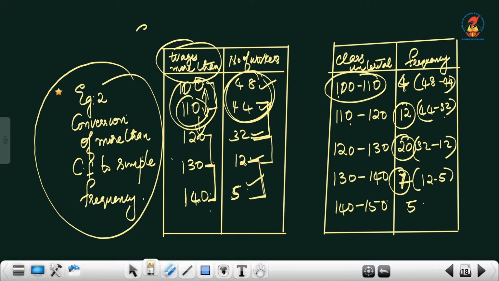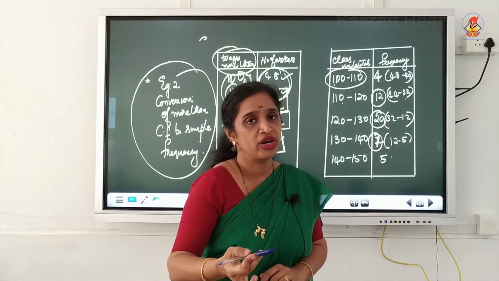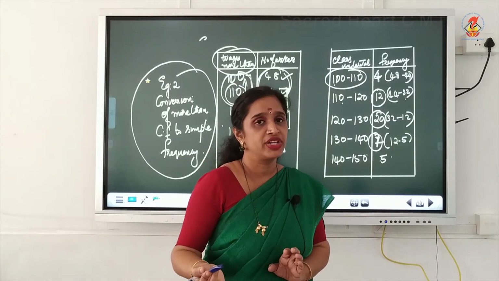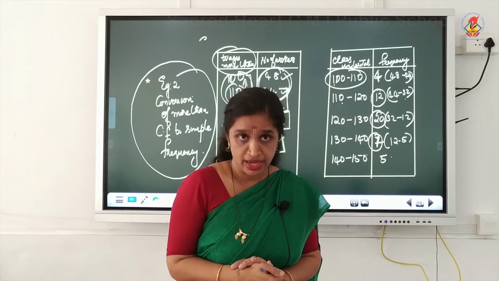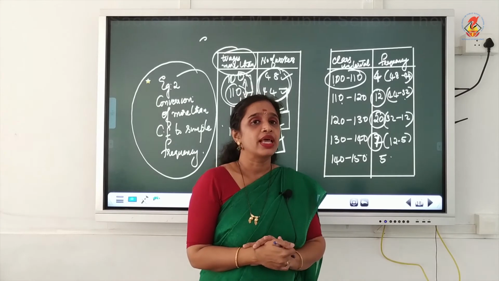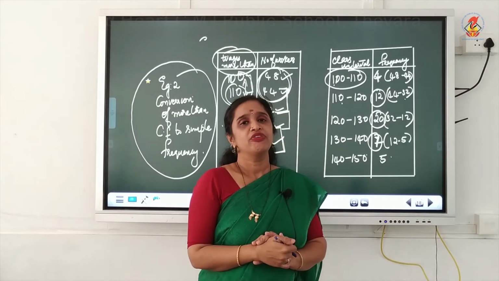Next comes more than 140. Definitely, if it is more than 140, it should be 140 to 150. How can we write it as 150? Because you know the size of the class interval so far we have written as 10. So you can definitely write it as 140 to 150.